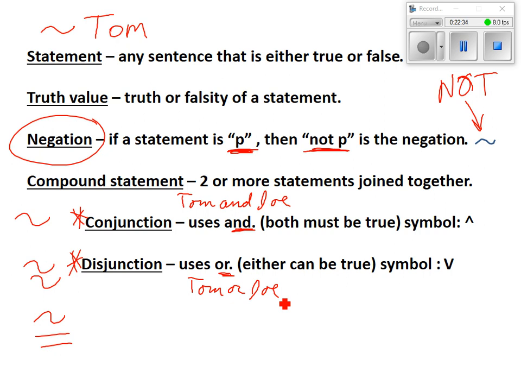So a conjunction uses the word and, a disjunction uses the word or. This is the symbol for a conjunction. This is the symbol for a disjunction. So the upside down V, conjunction. Right side up V, disjunction. This one means and. This one means or.